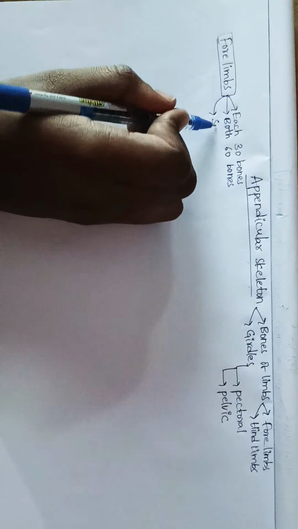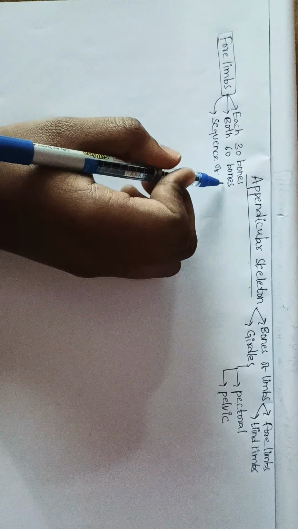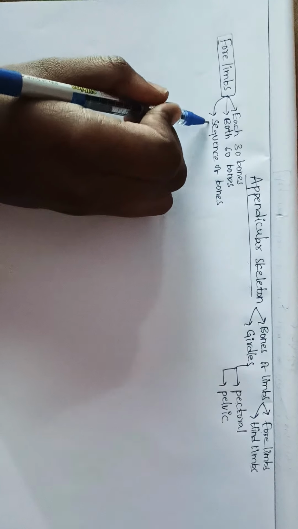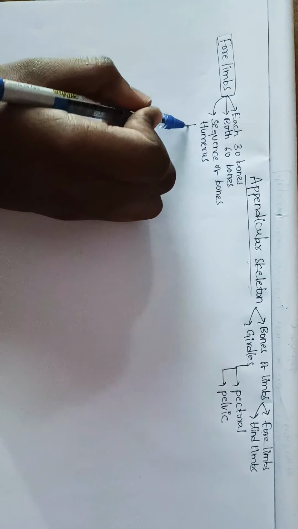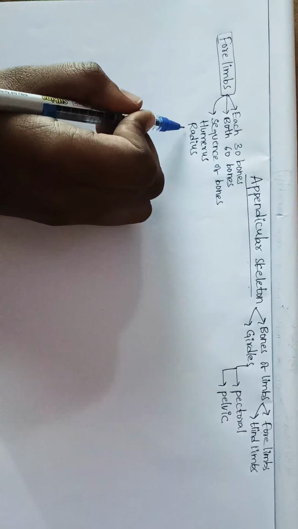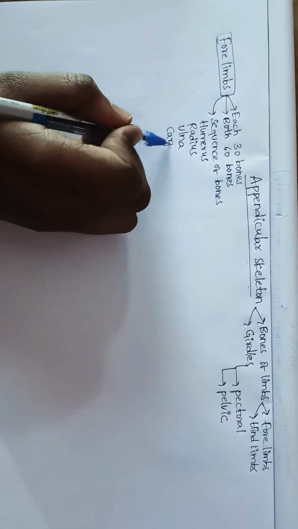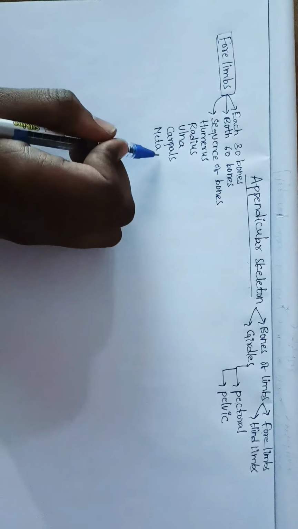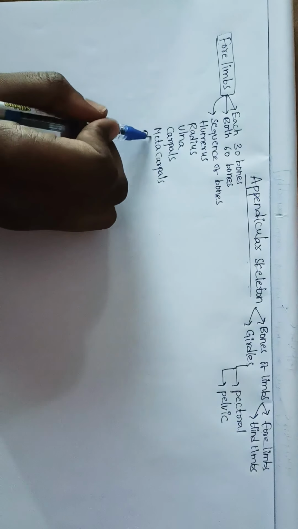The sequence of bones in the forelimb is humerus, radius, ulna, carpals, metacarpals, and phalanges.